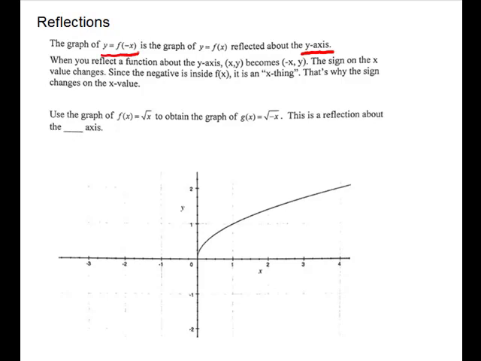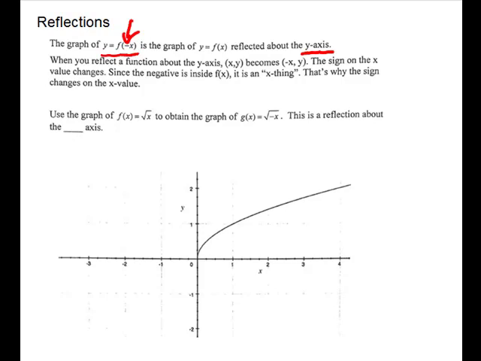The graph of y equals f of negative x is the graph of y equals f of x reflected about the y-axis. Notice that your negative is on the inside with the variable. So this is an x movement, so it is going to flip across the y-axis, but it's going horizontally.